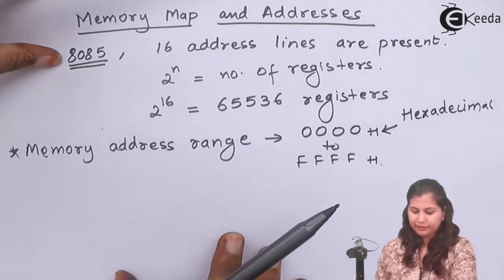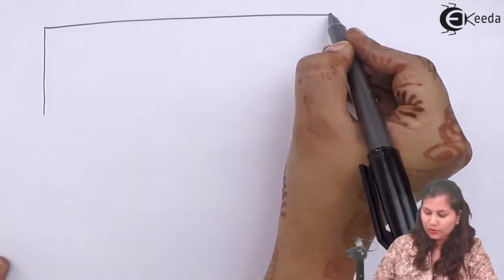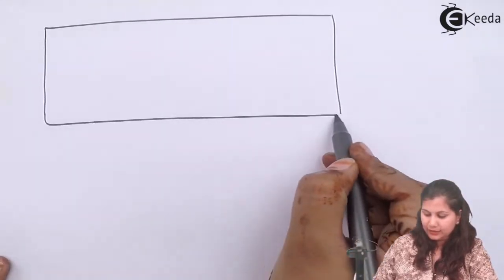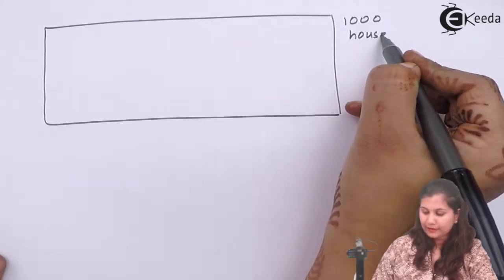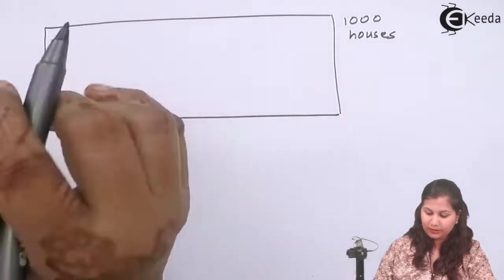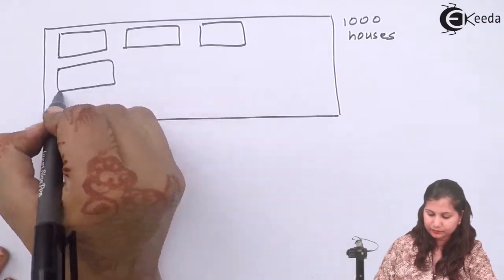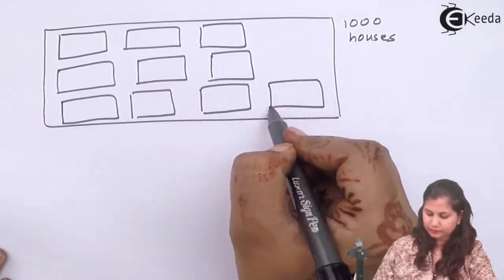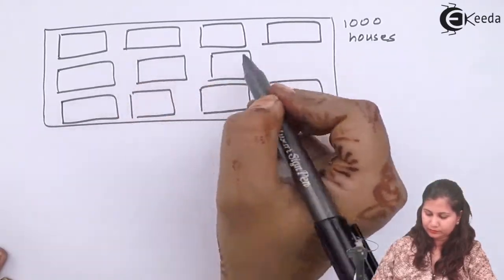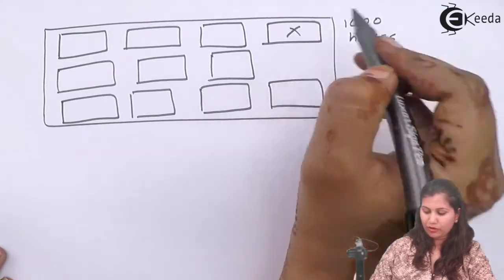So let's understand it by making a diagram. This is our whole society, and it has 1000 houses. Now we divide these 1000 houses into blocks. Sorry, one block is extra.